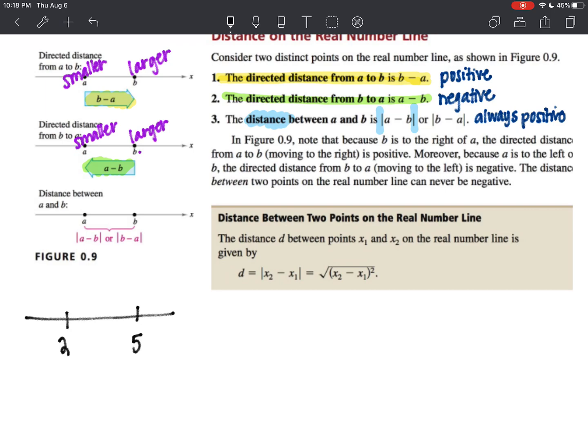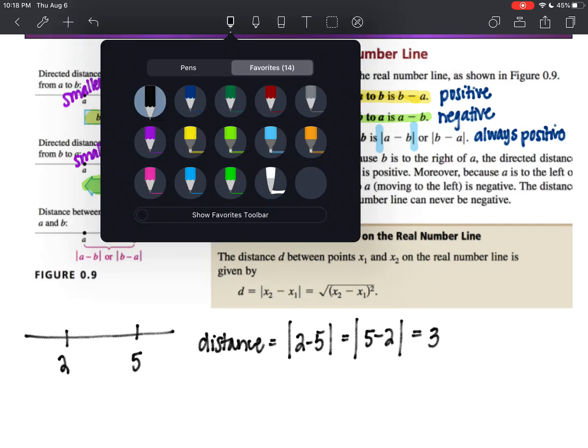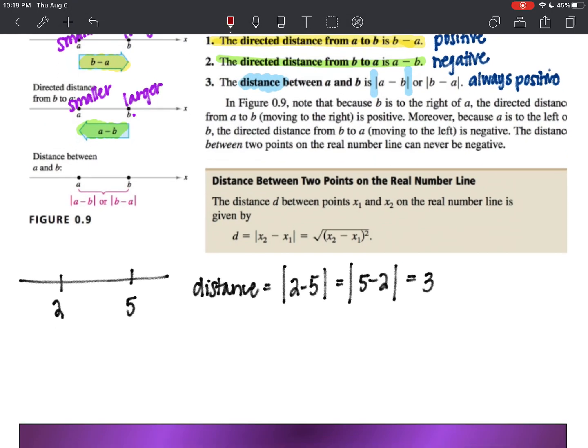So the distance between 2 and 5 would equal the absolute value of 2 minus 5, which is equal to the absolute value of 5 minus 2, which is equal to 3. But they're saying, hey, I can use another method of finding the distance using that radical. So the distance could equal the square root of 2 minus 5 squared.